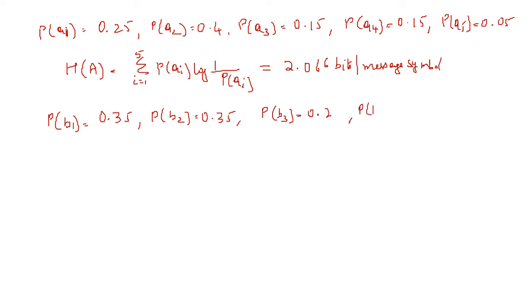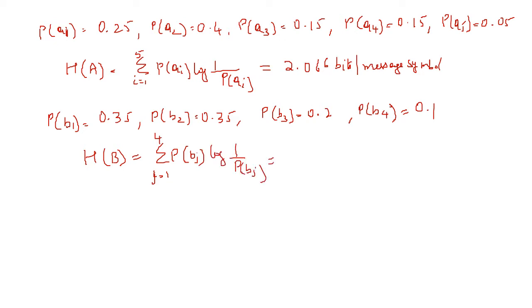Then P of B4, the fourth column, is 0.1. Now we have all the symbol probabilities, so H of B is the summation j from 1 to s, where s is 4, of P of Bj into log of 1 by P of Bj. Substituting, you get H of B equal to 1.857 bits per message symbol.